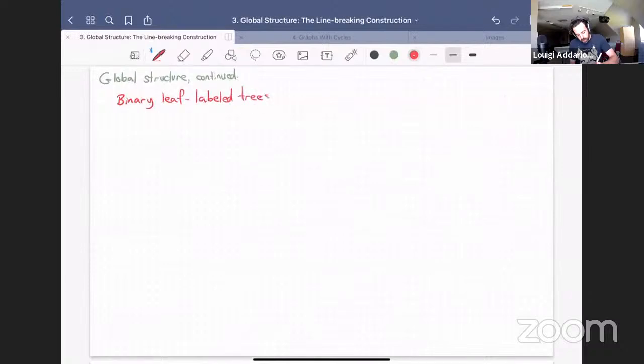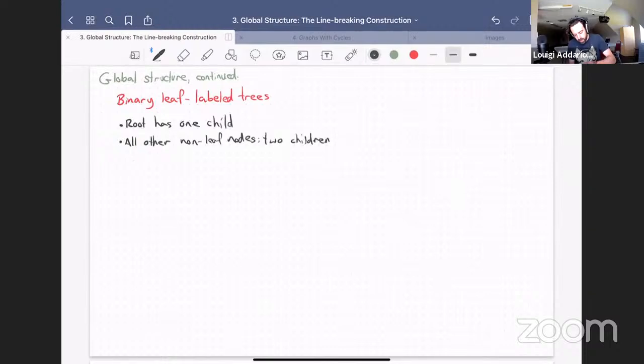So these are leaf labeled trees where the root has one child and then all other non-leaf nodes have two children. And the leaves are labeled contiguously with integers 1 up to k, where k is the number of leaves.